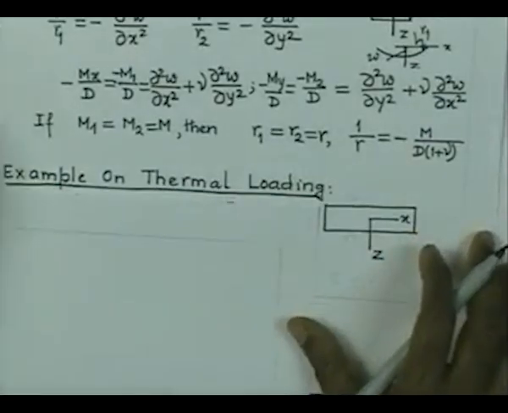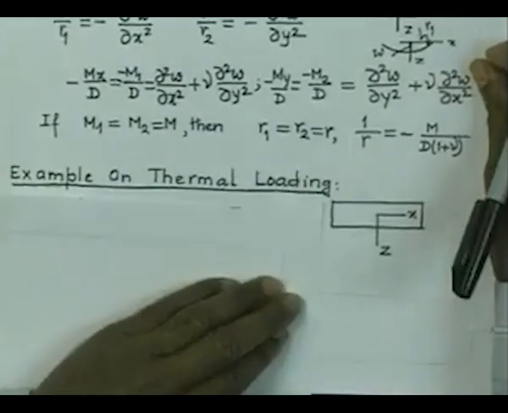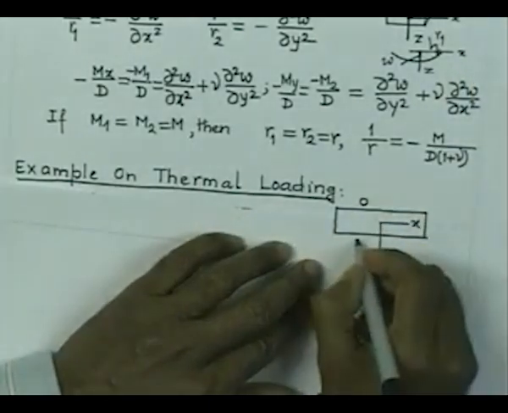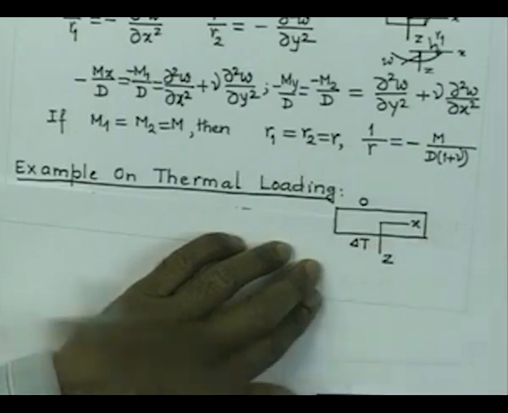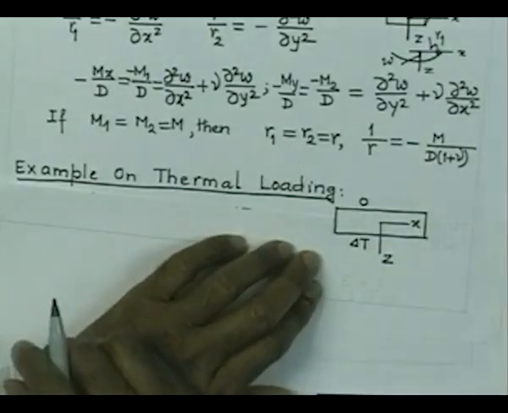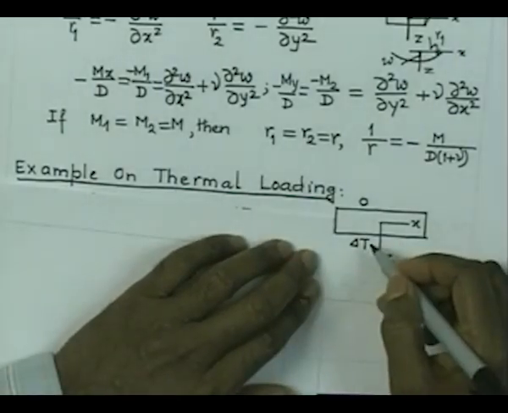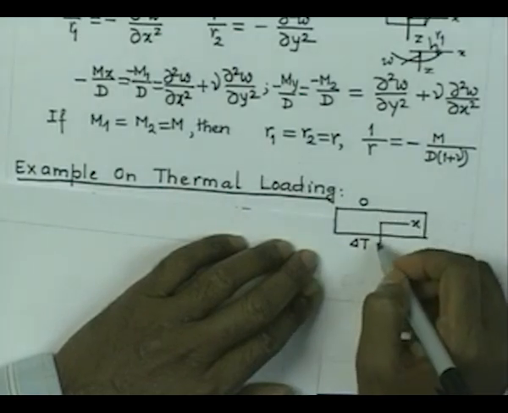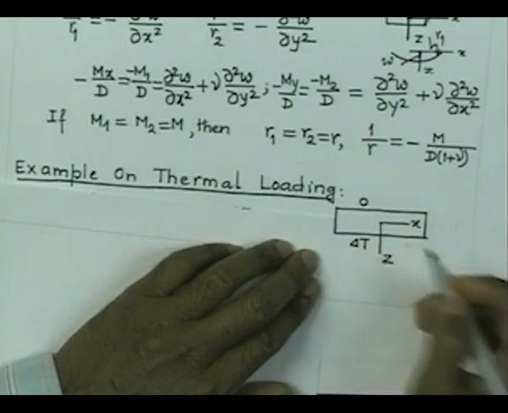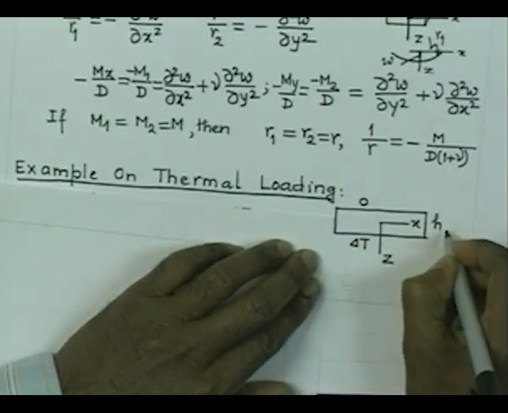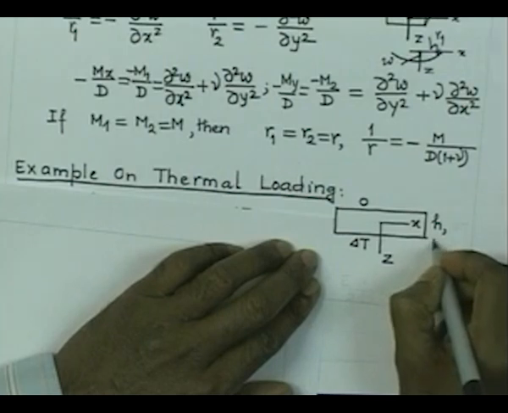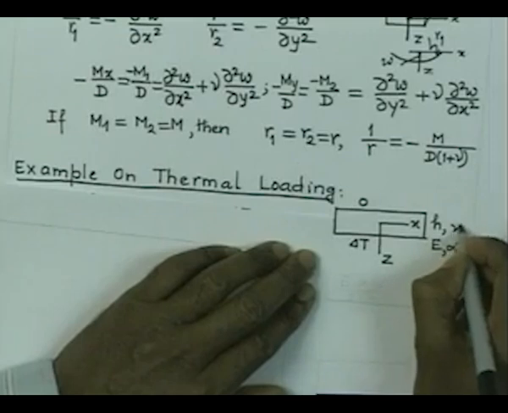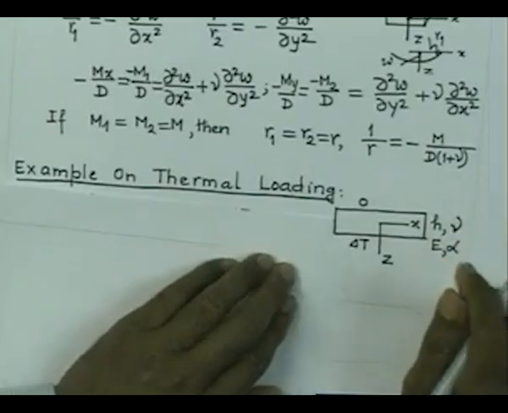One face is maintained at 0 and the other face is having a temperature of delta T, and therefore, the temperature is varying from 0 to delta T, and hence with respect to the center this is at minus delta T by 2 and this is at plus delta T by 2. Let us consider that height is equal to h and material constants are E and alpha, and of course, we will also have the Poisson's ratio nu.